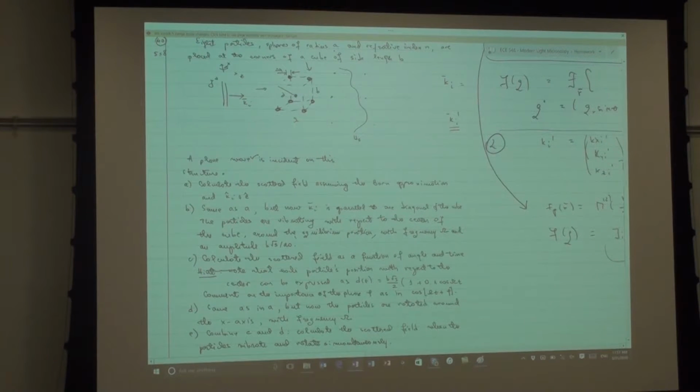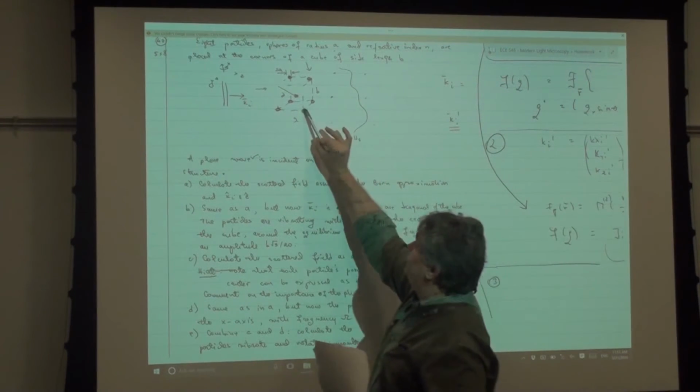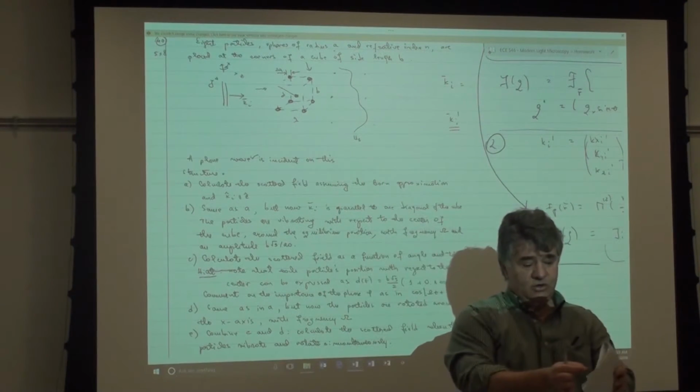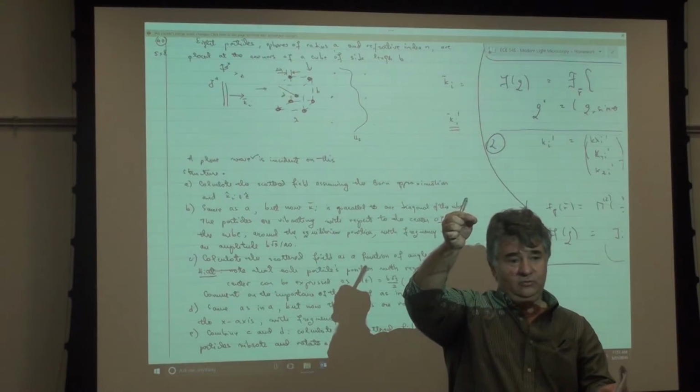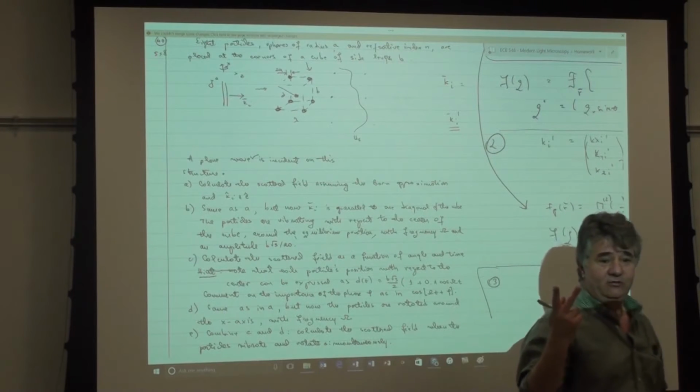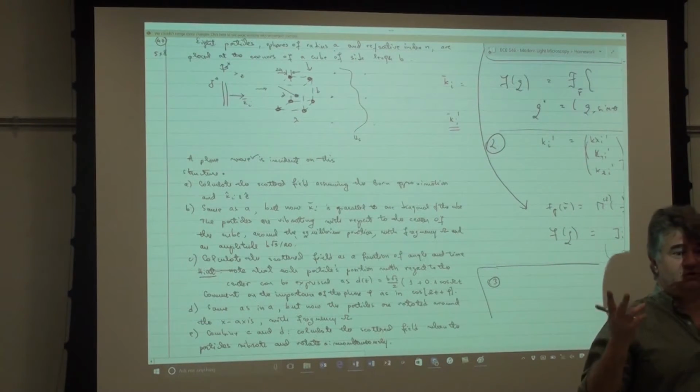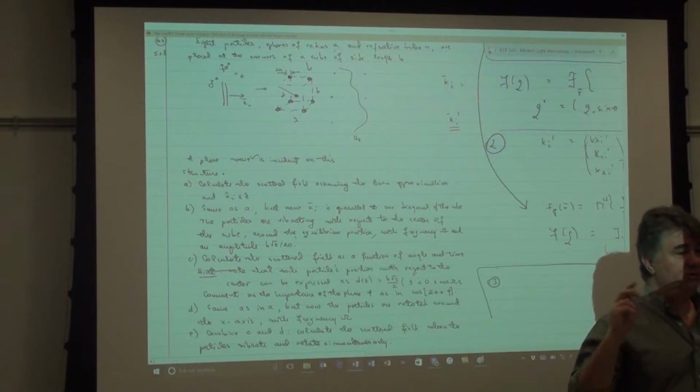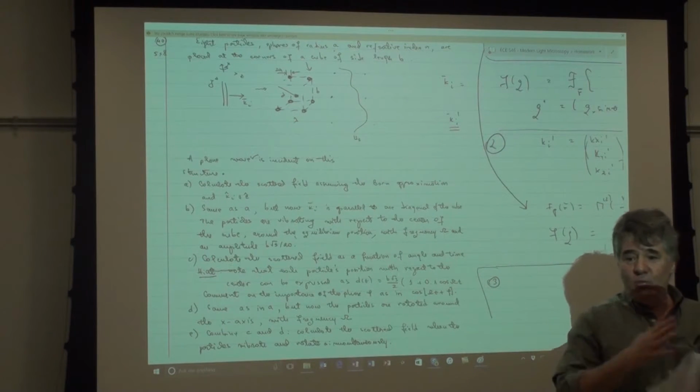Most of you got it right, but the easiest way to do this is to realize that the best system of reference is to put the origin in the center of the cube. Then all these particles are essentially at plus or minus b over 2 in X, plus or minus b over 2 in Y, plus or minus b over 2 in Z, all possible combinations.